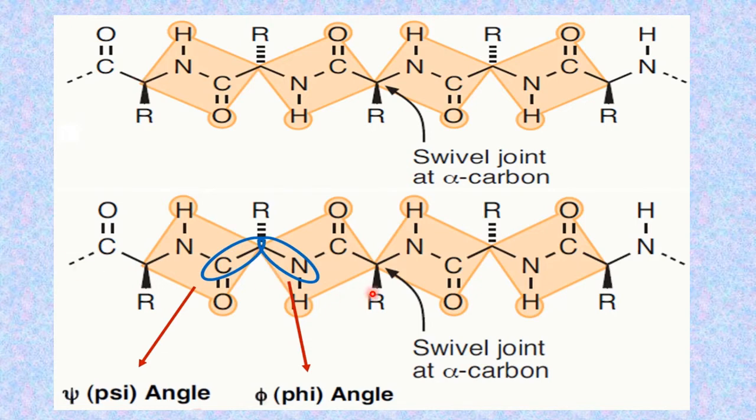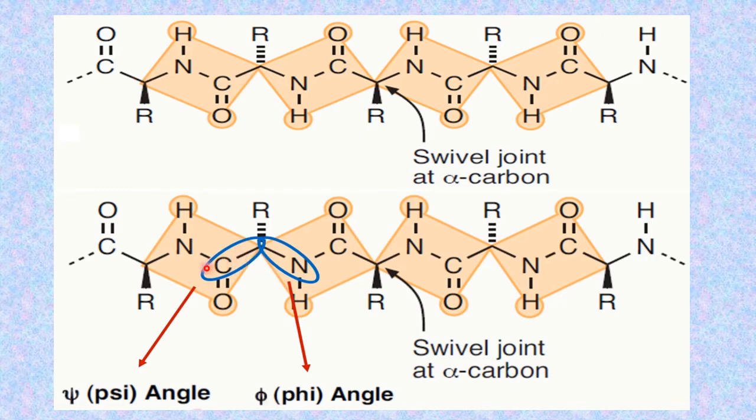Now all these atoms of a particular amino acid are not present in a single plane. Rather, they are oriented three-dimensionally. That is, if we have to define the geometry of the amino acid, we will need both the distance of the bond as well as the angle between them. So we have two planes that can rotate about the alpha carbon.